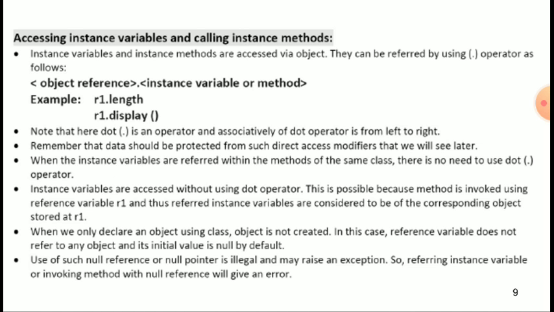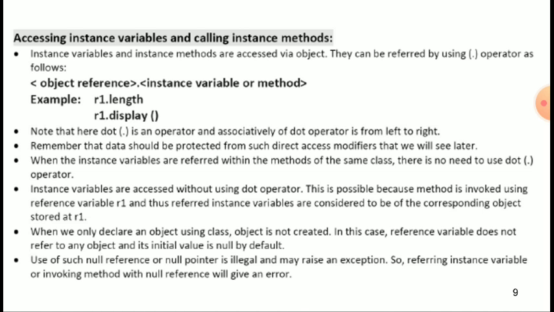Instance variables and instance methods are accessed via an object. They can be referred to by using the dot operator as follows. First is the object reference, second is the instance variable or method, and between them the operator is dot.